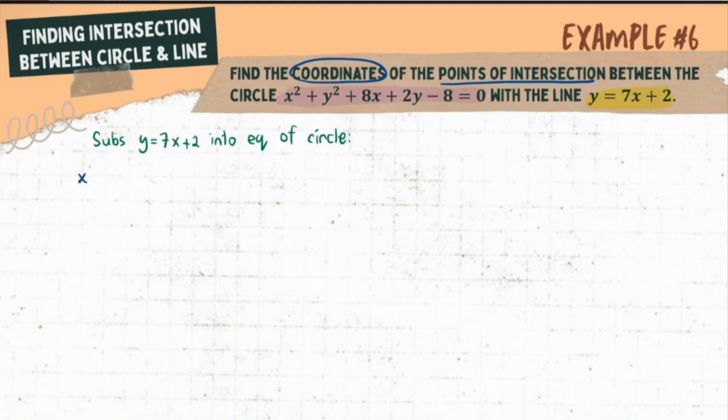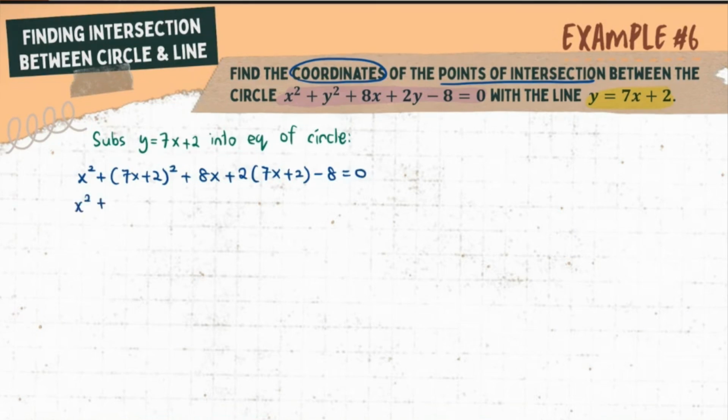It will be x squared plus (7x plus 2) squared plus 8x plus 2, 7x plus 2 minus 8 equals 0. So I will solve this part first.